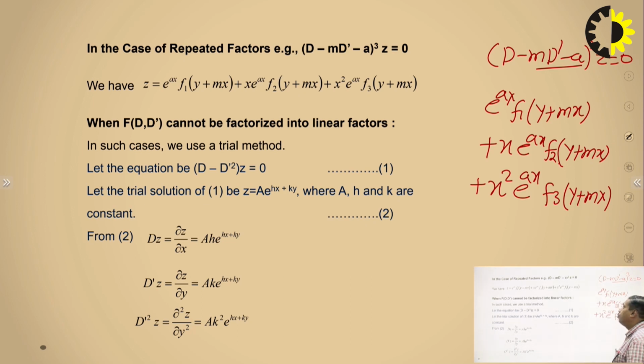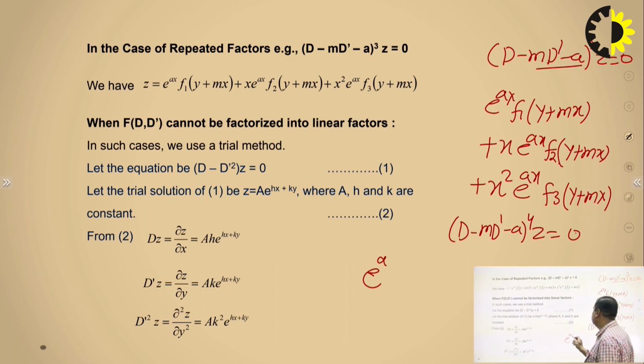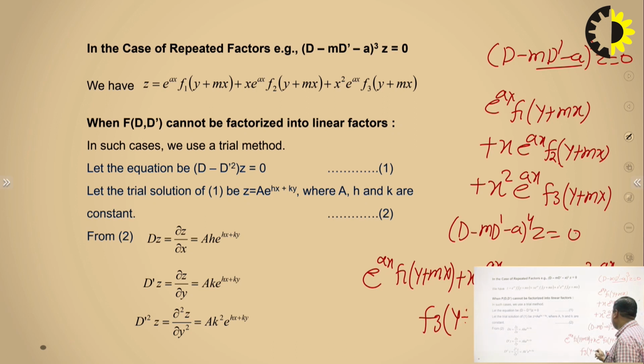If we take four roots, (D minus m D dash minus a) to the power 4 z equal to 0, then we write e to the power ax f1(y plus mx), plus x e to the power ax f2(y plus mx), plus x square e to the power ax f3(y plus mx), plus x cube e to the power ax f4(y plus mx).